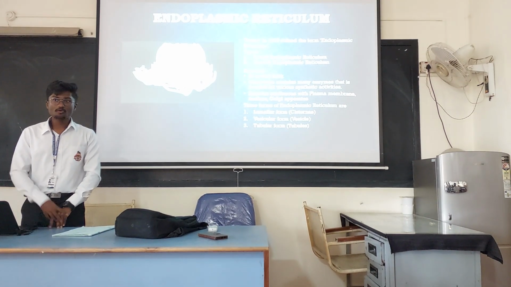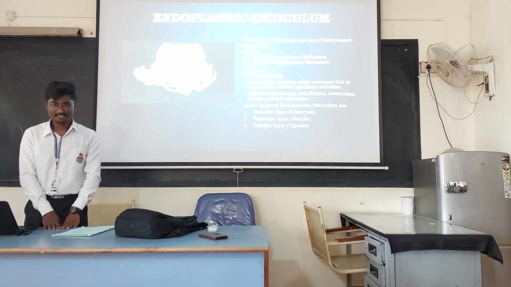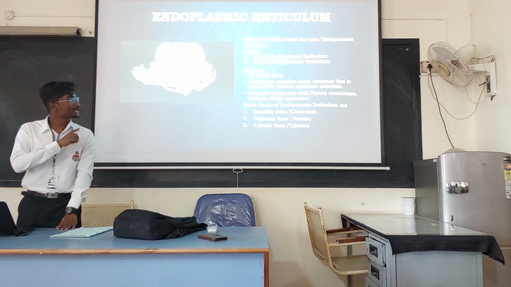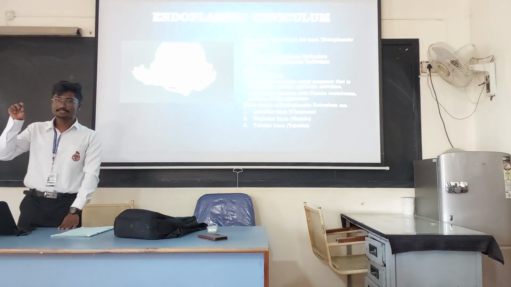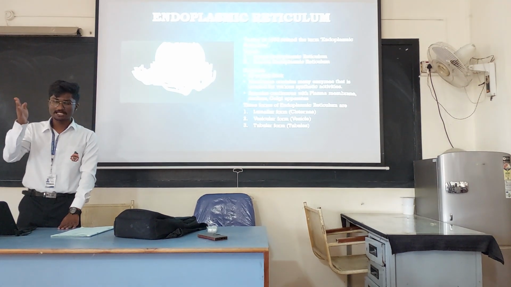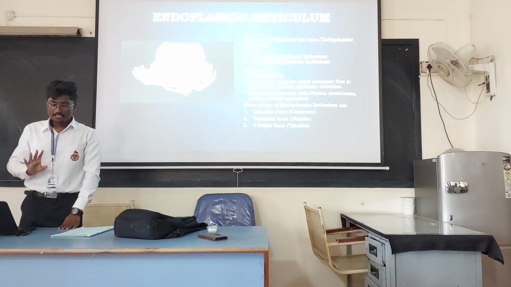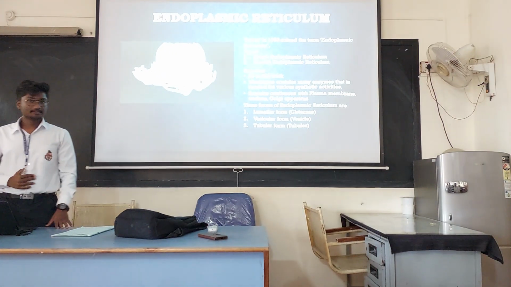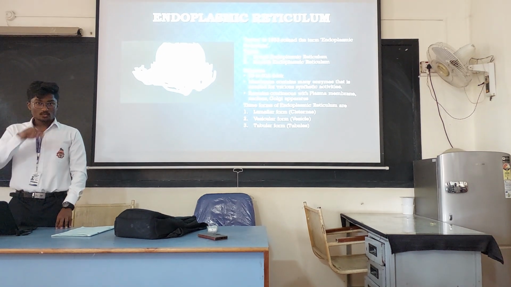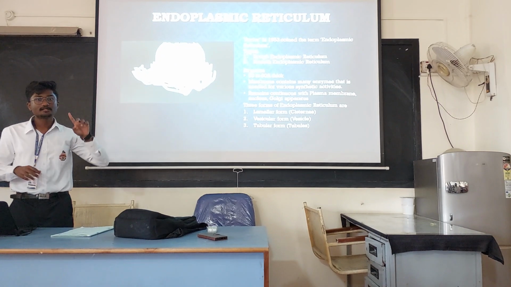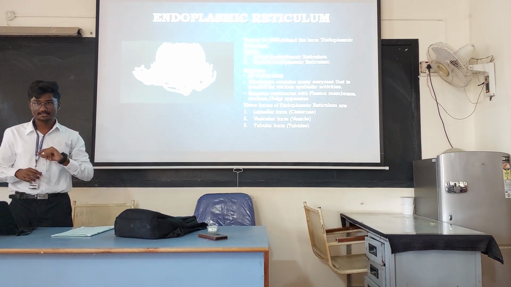As in our body, blood is circulated through the circulatory system, even in a cell, through the endoplasmic reticulum, the substances are circulated from the cell plasma membrane to the nucleus and other parts of the cell. The endoplasmic reticulum is continuous with the nucleus, cell membrane, and with the Golgi apparatus.